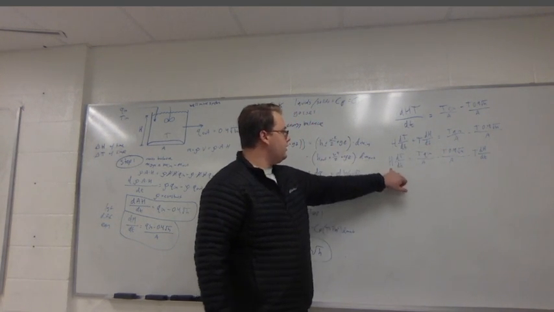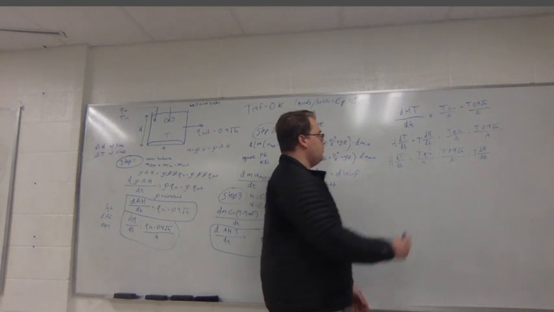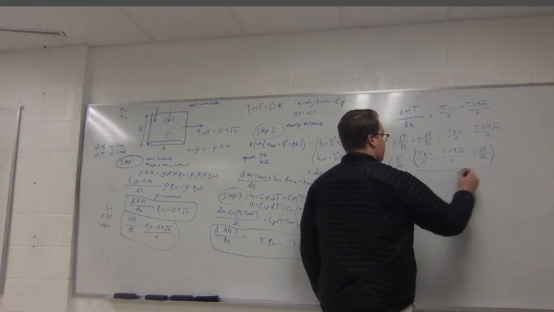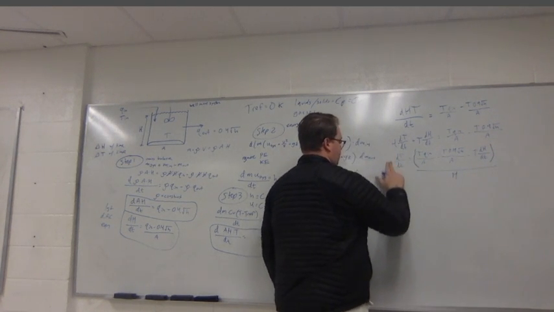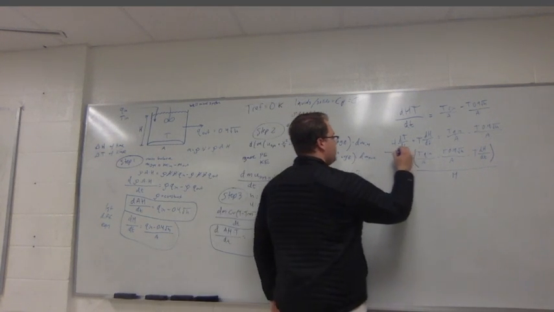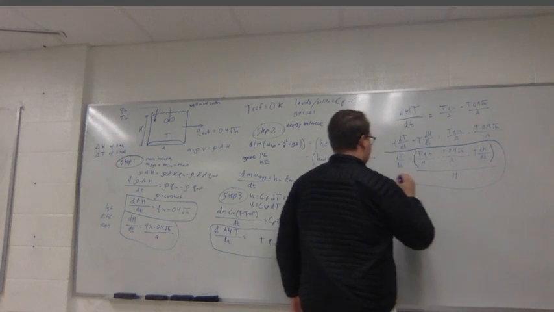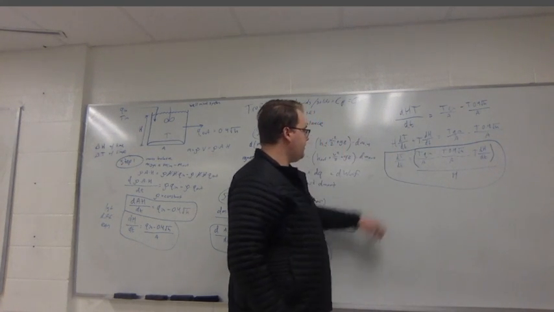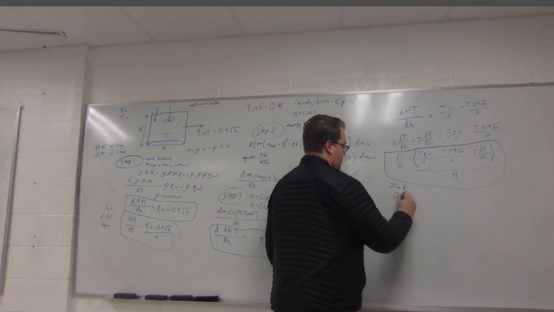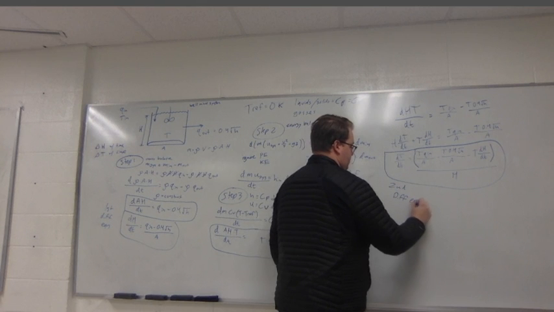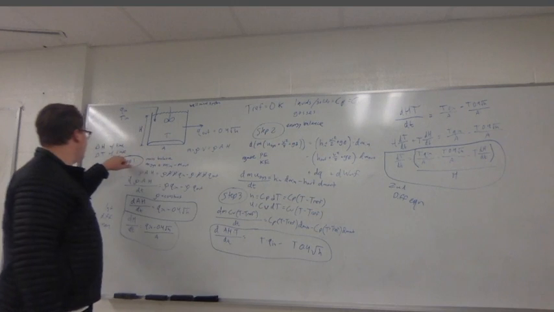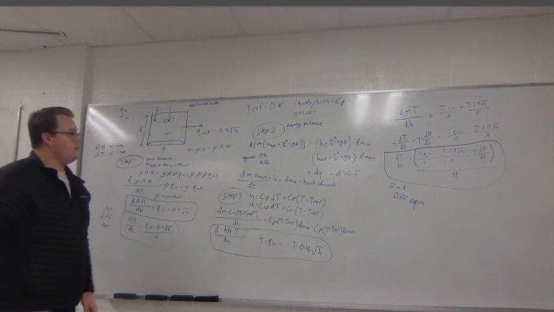Now the only thing left to do is divide by h. If I take everything on the right-hand side of the equation and divide by h, I'm left with the change in temperature with respect to time. So this is my second differential equation, showing me how temperature varies with respect to time in my reactor.